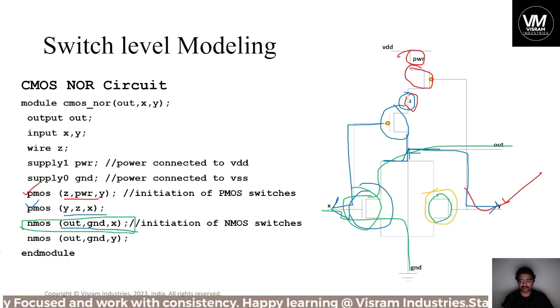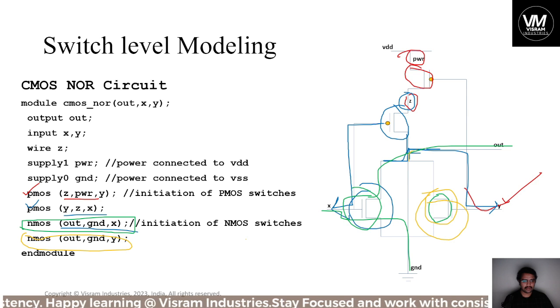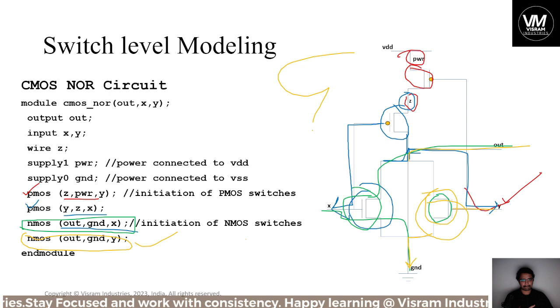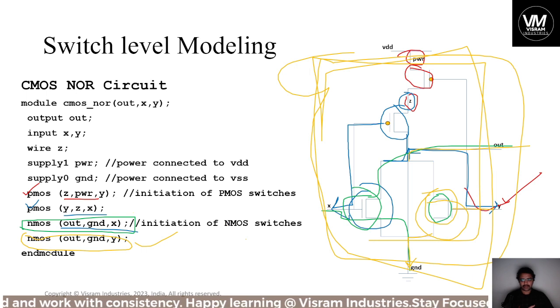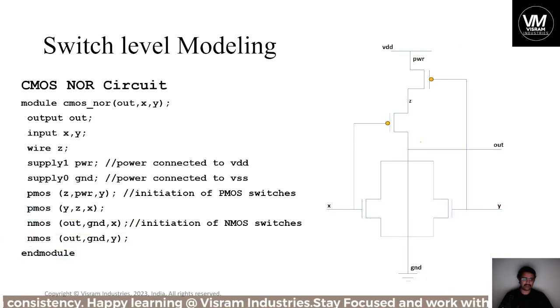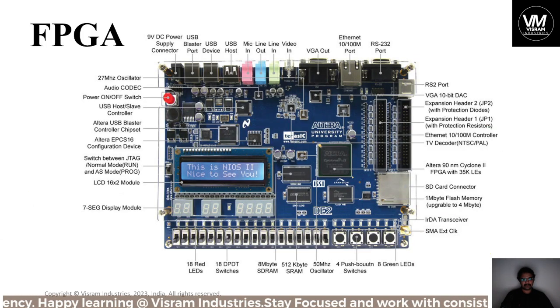This NMOS is considered for this, and you have output y and ground. Okay, so just initiations. Once you declare the connections in this way, once you declare the connections in the entire circuit, you can end the module. That is how switch level modeling can be done. Just a representation of the logic circuits, and hence these are all switching.